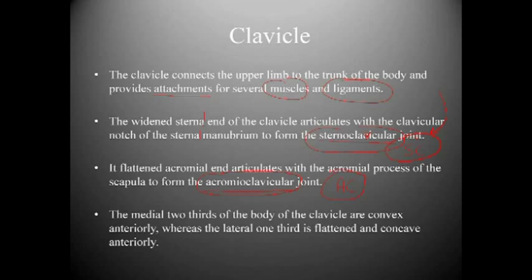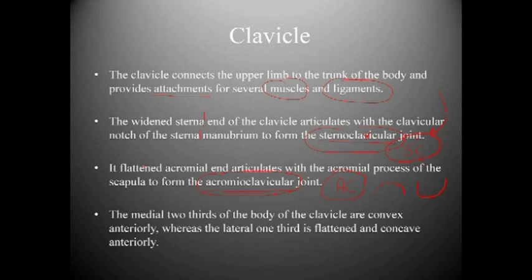The medial two-thirds of the body of the clavicle are convex, meaning that they go outward. So if we were looking at something, this would be convex, this would be concave. Basically, the medial two-thirds, closer to the sternum, are convex, so they curve outward, whereas the lateral one-third is flattened and concave anteriorly.